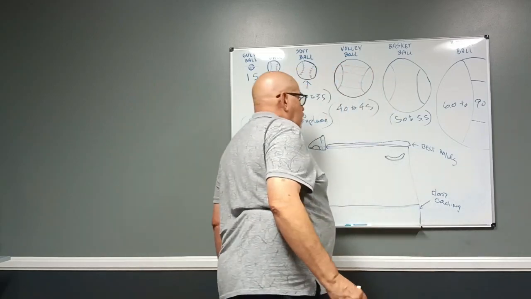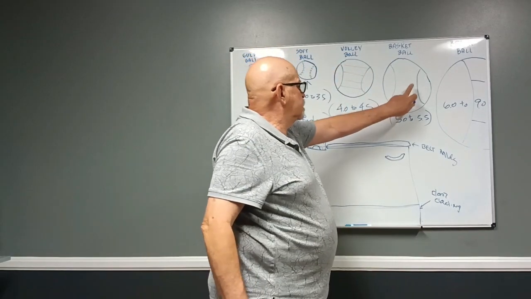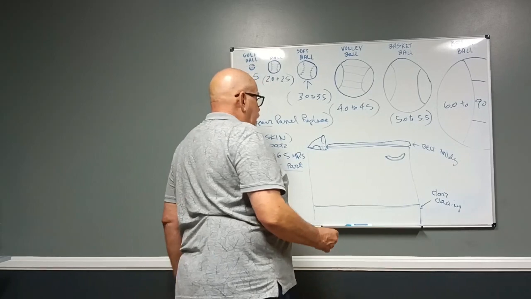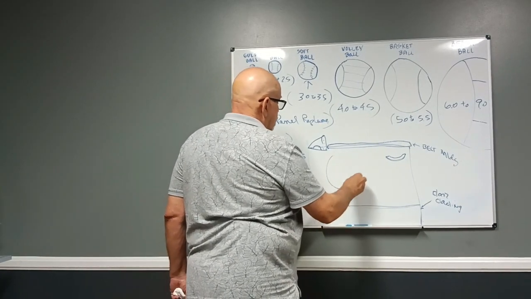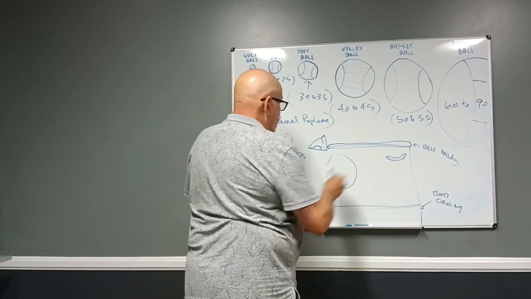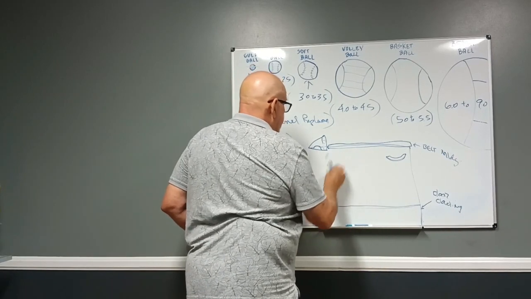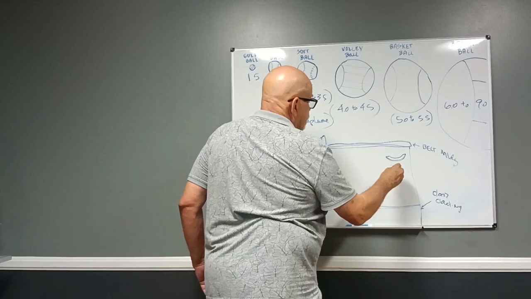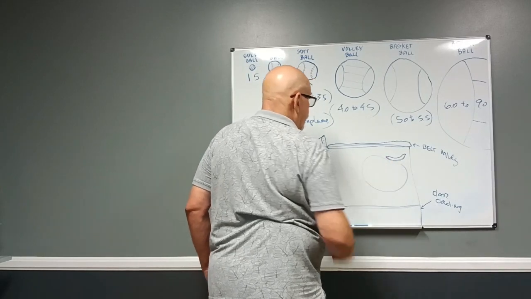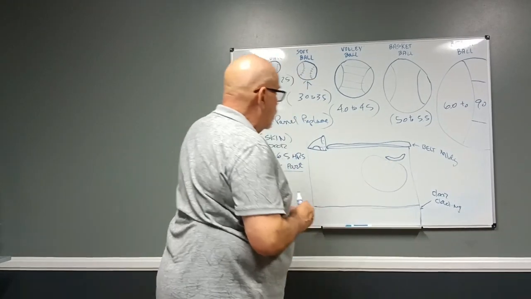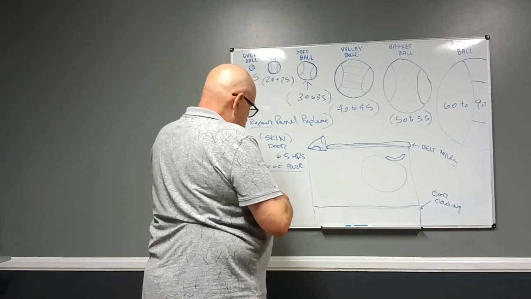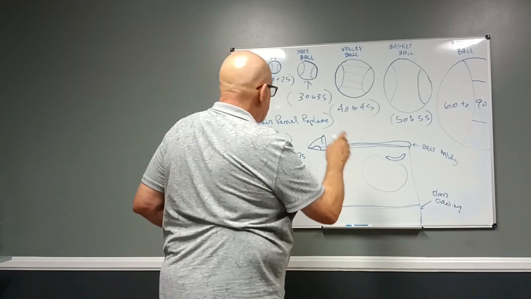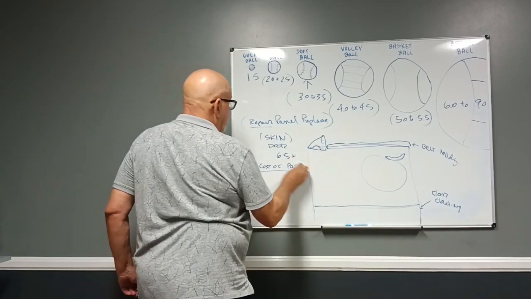So now, going back to the size of the dent, it's more towards the front. Actually, let me do it the other way. It's more towards the back than it is to the front. So let's just say that the dent is about here. So now we're going to start figuring what it's going to cost to repair that door, okay?